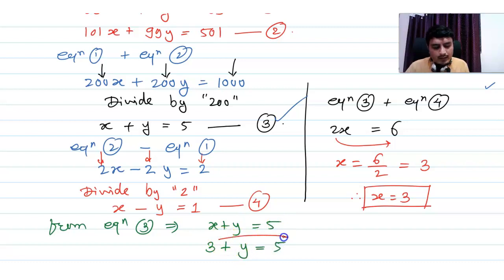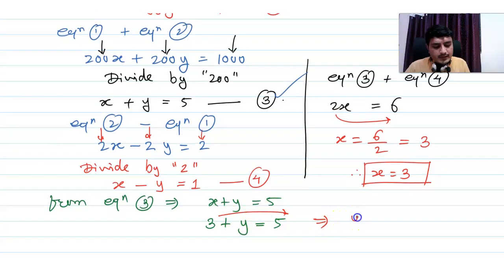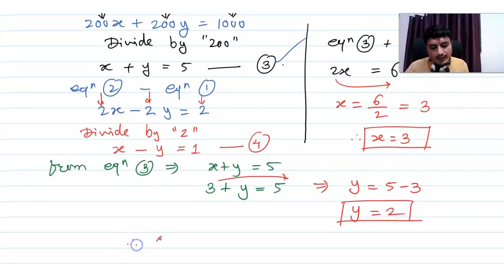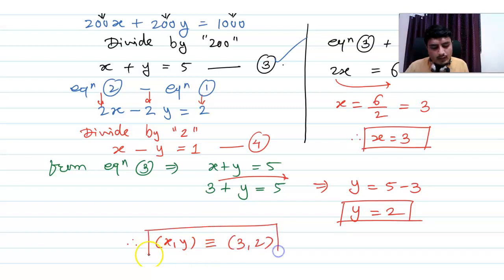To evaluate y, shift 3 from LHS to RHS, so plus 3 becomes minus 3. 5 minus 3 is 2. So the value of variable y is 2. At last our answer is x, y equals 3, 2. So the value of x is 3 and y is 2 here.